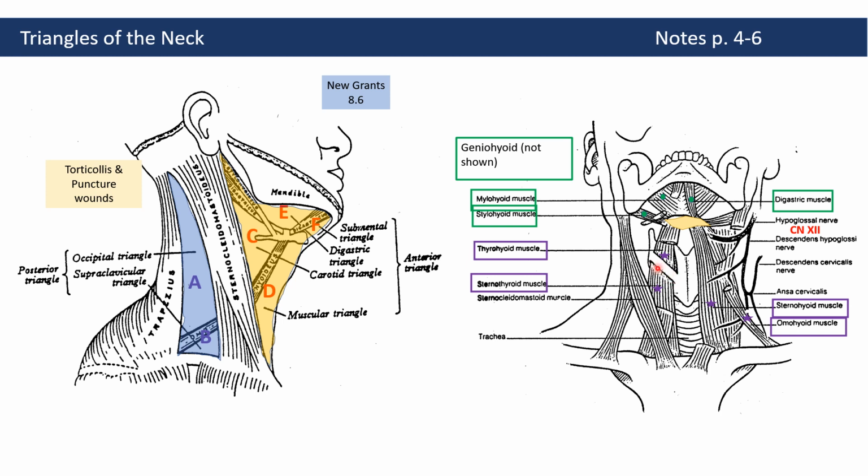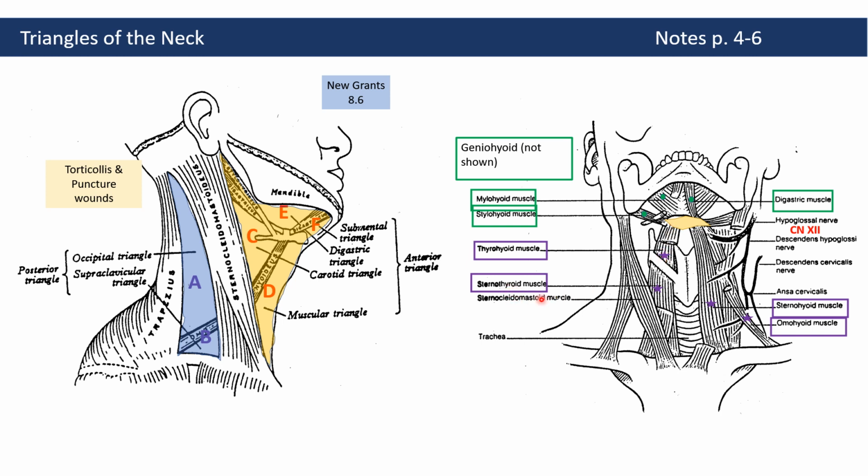It attaches to the thyroid cartilage and the sternum. The omohyoid muscle we've talked about, which is the same one on the left side of the slide, bisects the posterior triangle and a portion of the anterior triangle. Omohyoid is shown here, and it is also an infrahyoid muscle, as is the thyrohyoid muscle, which goes from the hyoid to the thyroid cartilage.